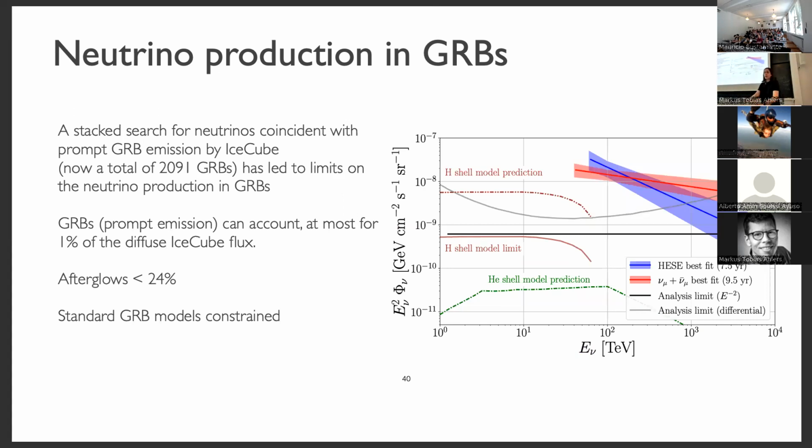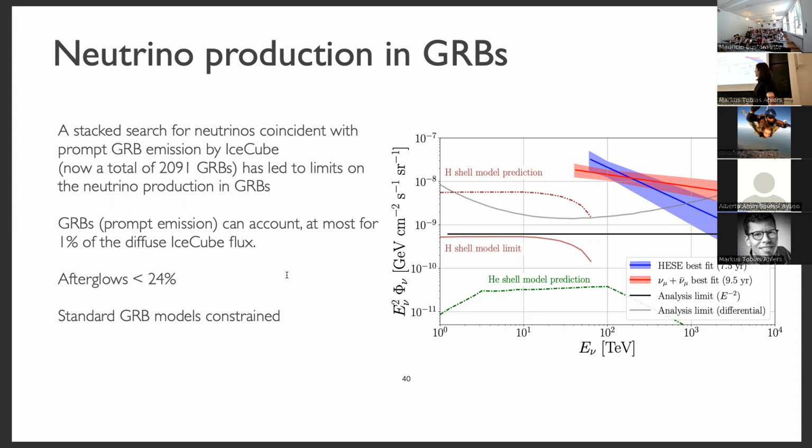So here again, this is a very important result from IceCube. IceCube has put very strong limits on GRBs as sources of high energy neutrinos, which was again a very surprising result. So with the stacking analysis that I explained before, IceCube is able to constrain anything more than 1% of the total neutrino flux coming from the prompt phase, so the first 1 minute of the GRBs.